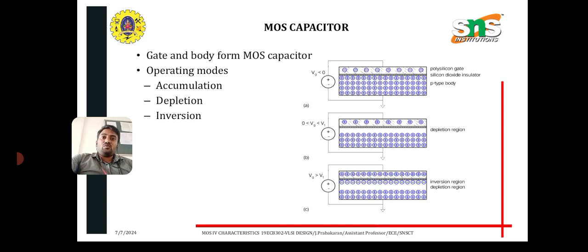And inversion occurs when a sufficiently large positive gate voltage is applied to the MOS transistor relative to the substrate.